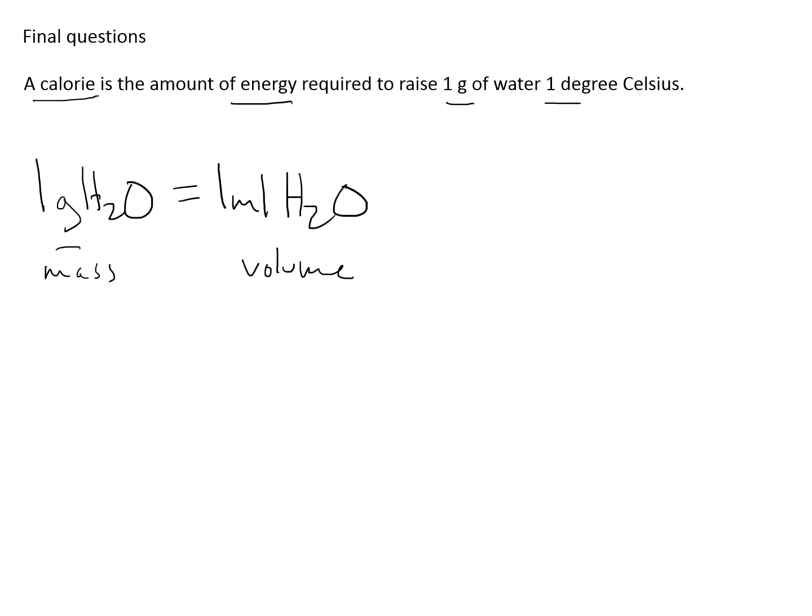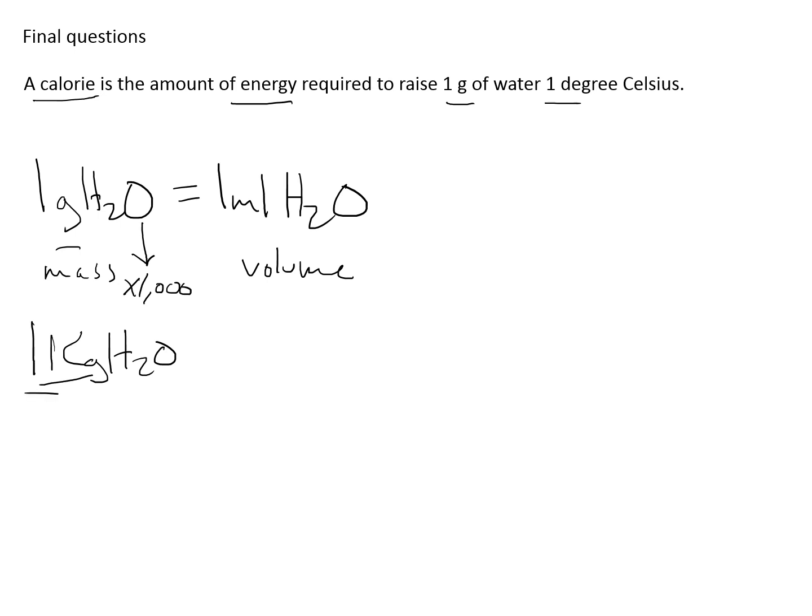And what if we use a kilogram? So 1 kilogram of H2O. If we had 1 gram, times 1,000, then we'd have a kilogram. In 1 kilogram, there are 1,000 grams.